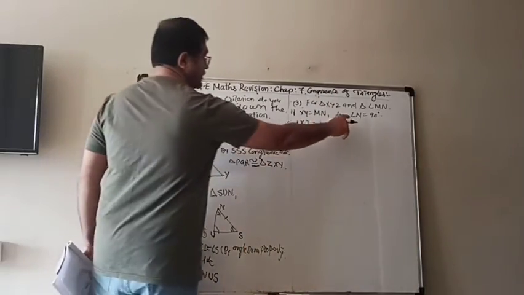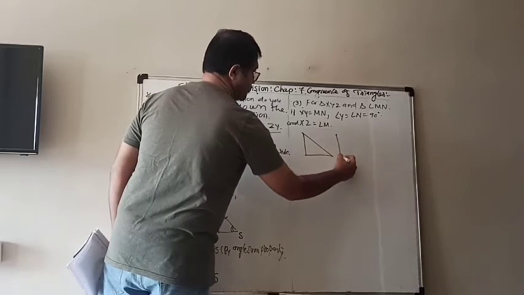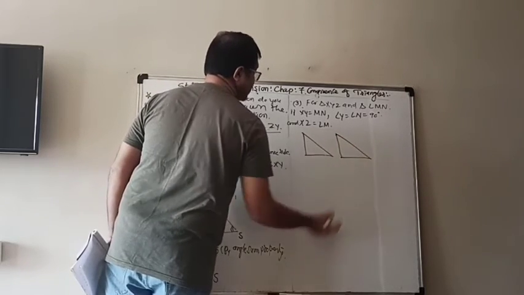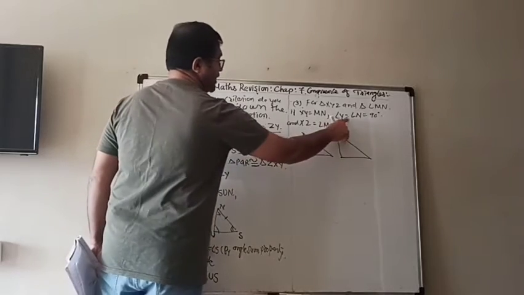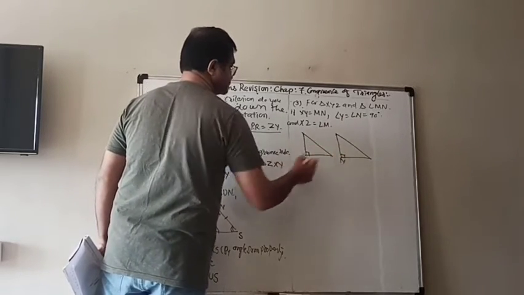So now 90 degree is given. So you have to draw the two right triangles. Y and N are 90 degrees, so Y and N should be here.